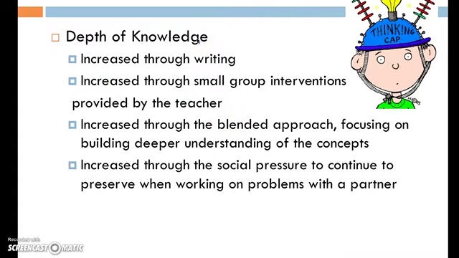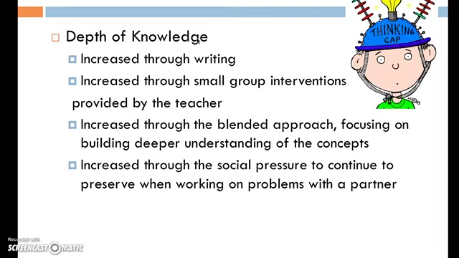Literature also came up with the theme of depth of knowledge, and this was increased definitely through the writing aspect. When you're writing, you're processing knowledge a little bit differently than you would be just manipulating numbers. So you can really dive deep in those questions, explaining why this math sentence happens.